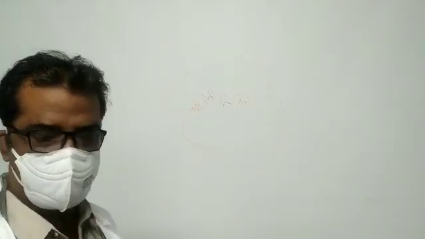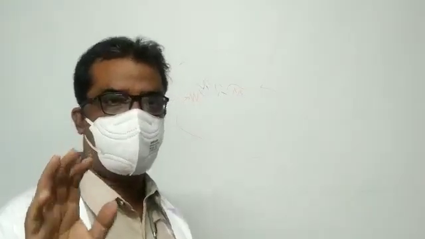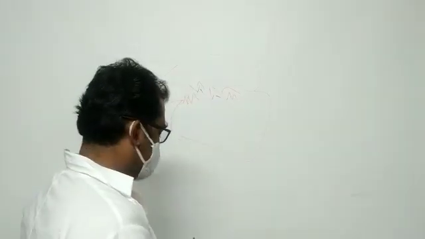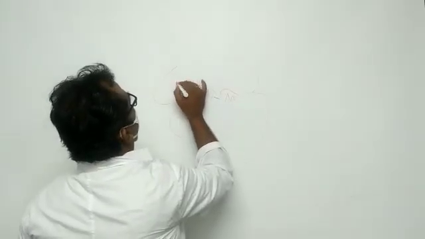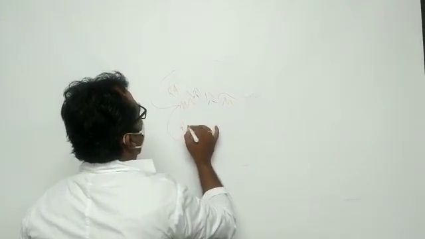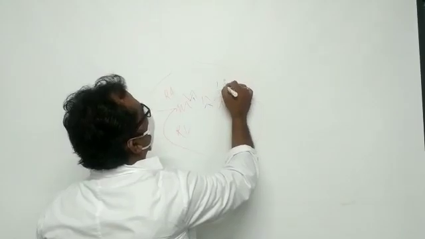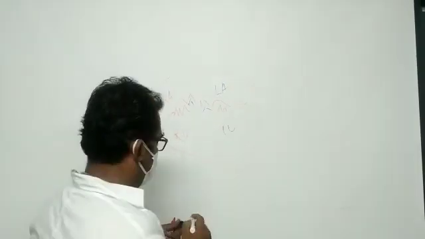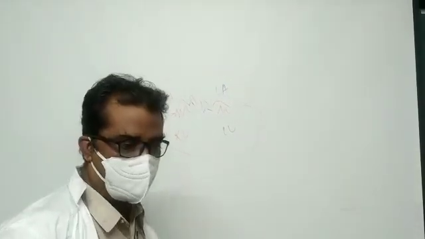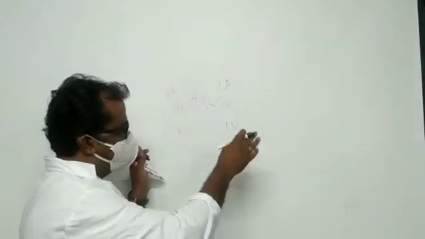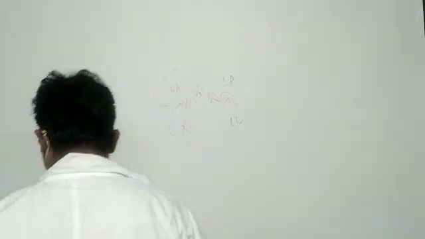so the process of heart sound formation takes place basically in these 4 chambers. This is the right atrium, right ventricle, left atrium, left ventricle. Now for the first heart sound, when the ventricle is starting to contract, now S1 and S2.